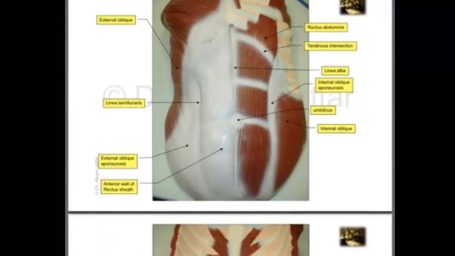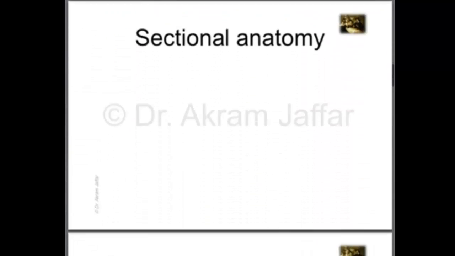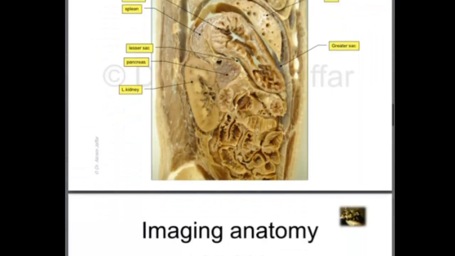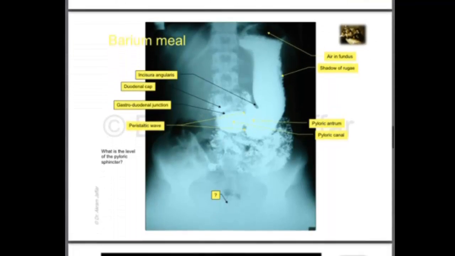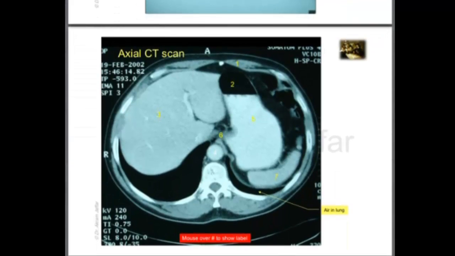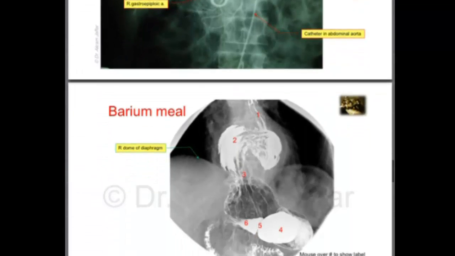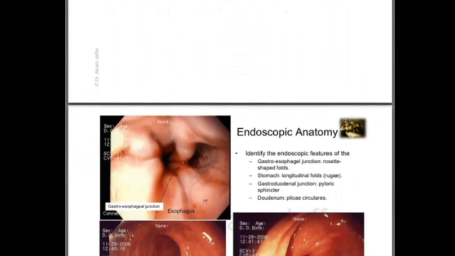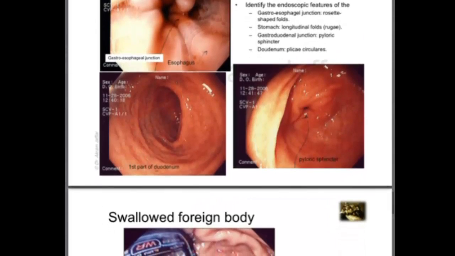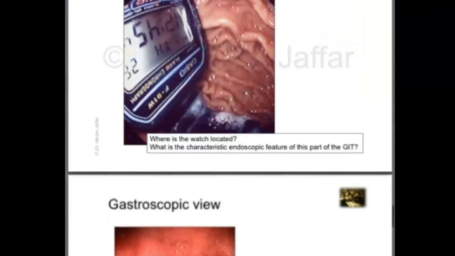These are plastinated models and plastic models, and sections, whether plastic sections or plastinated sections in different orientations, and radiographs related to the stomach and gastroesophageal junction, whether barium meals, CT scans or angiograms, in addition to the important feature here, which is the concentration on the endoscopic anatomy, normal endoscopic features of the gastrointestinal tract.